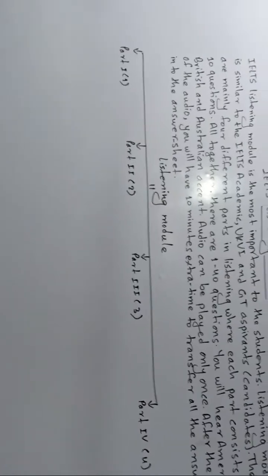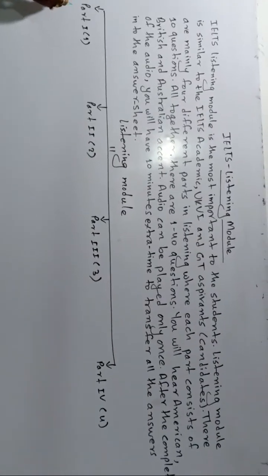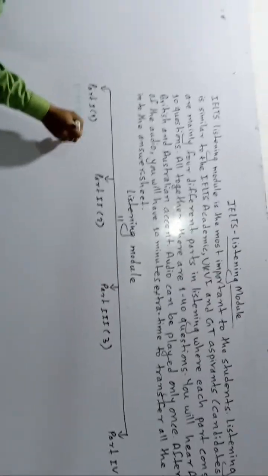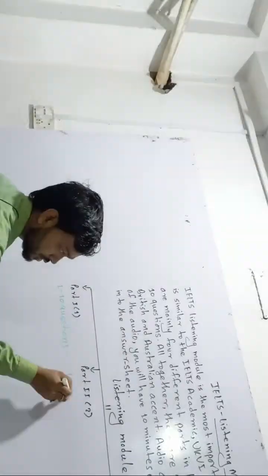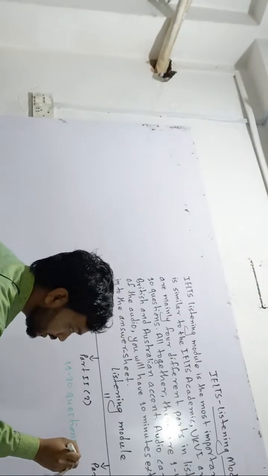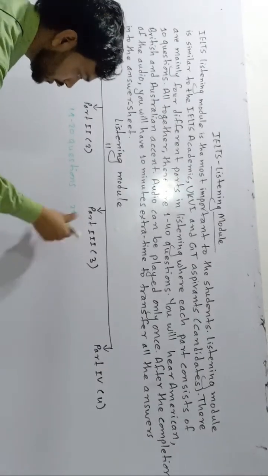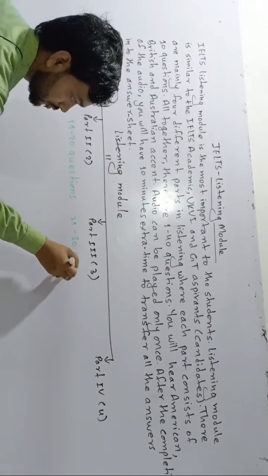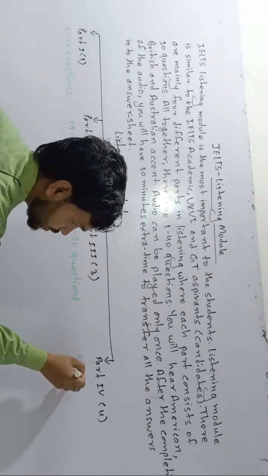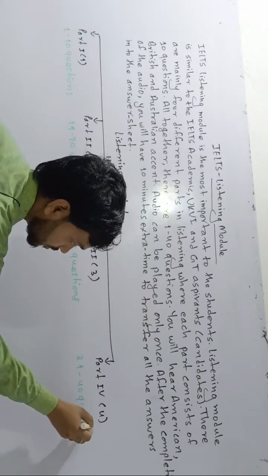In part 1, you will find 1 to 10 questions. Here you can find 11 to 20 questions. Here you will find 21 to 30 questions, and at last you will find 31 to 40 questions.